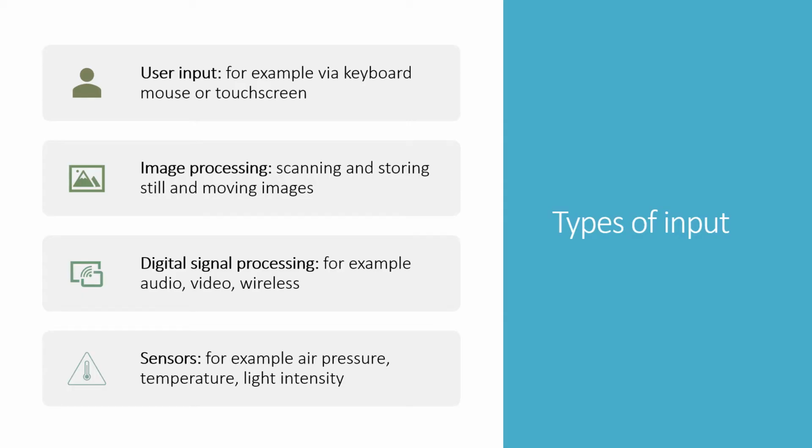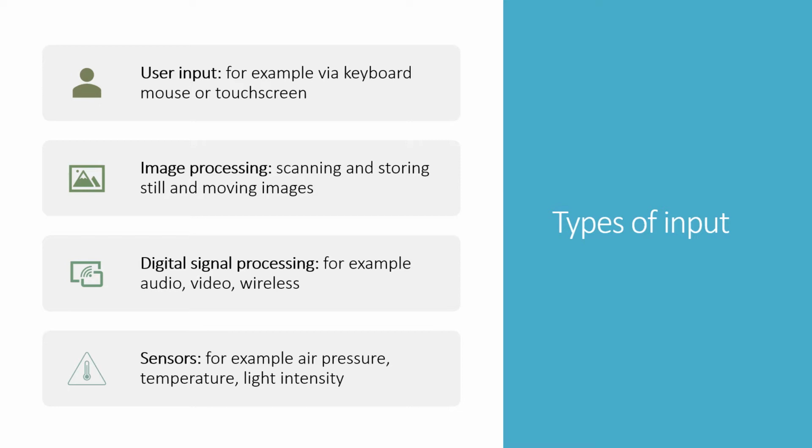There are a range of different types of input, and you're probably familiar with all of these. As a user, you can input information into the computer by hand. This is called manual input, for example using the keyboard, the mouse or touch screen. It's possible to put images into the computer by scanning them or by using still or moving cameras.